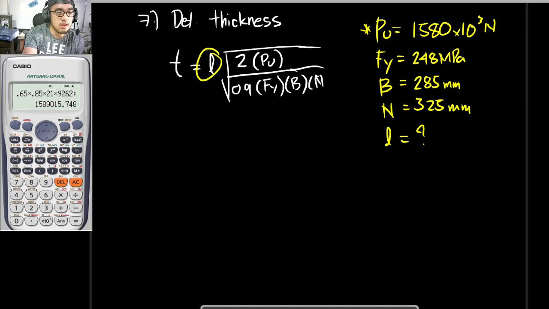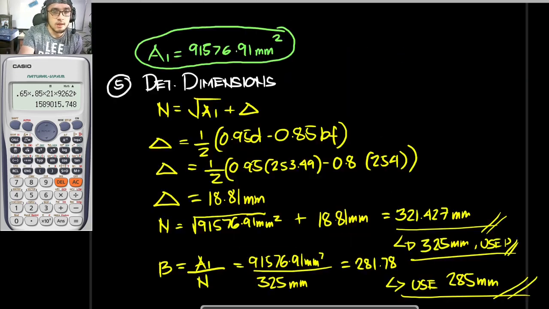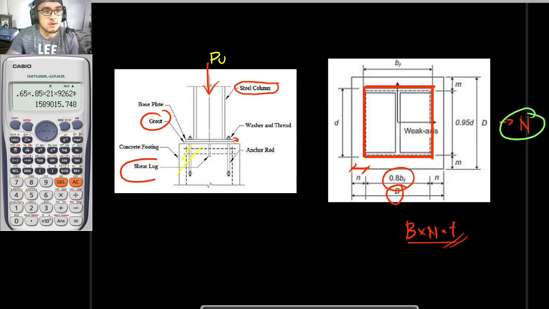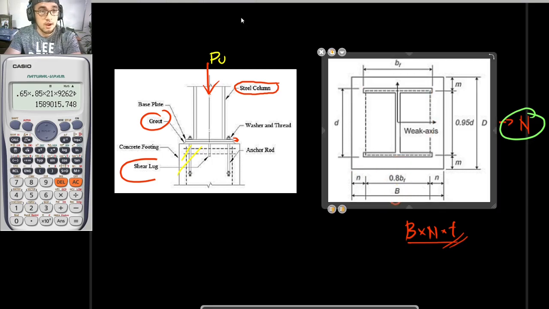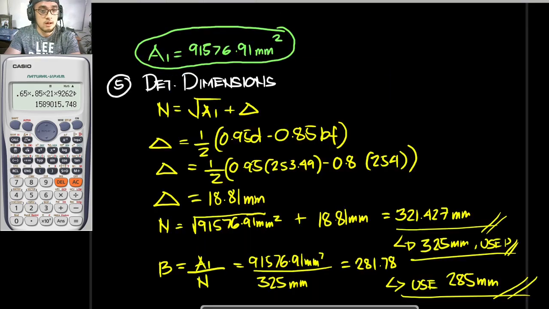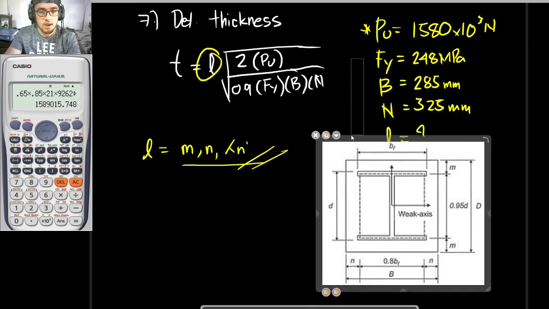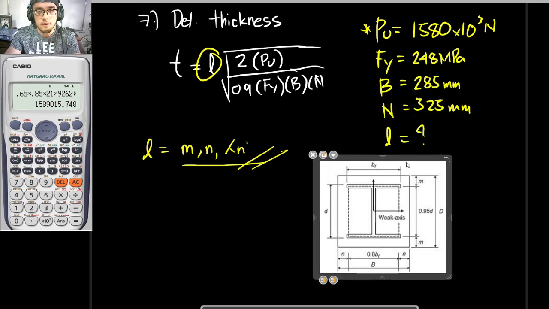Etong L na to, L is the greatest value between m, n, and lambda n prime. So, solve natin tong isa-isa. Sunduin na lang natin yung ating figure. Teka, copy ko na lang yan. Lagay natin sa ating last page. Confirmation guys, nakita nyo ba yung figure?